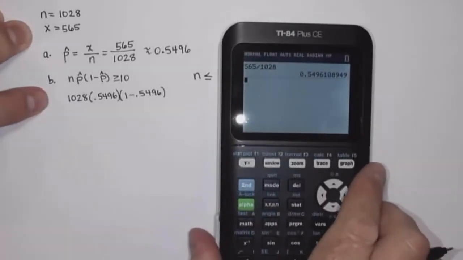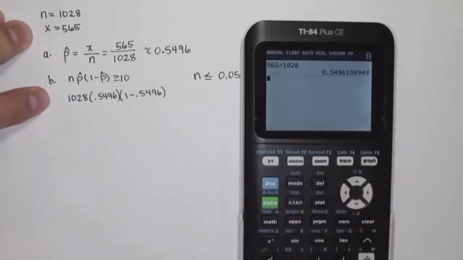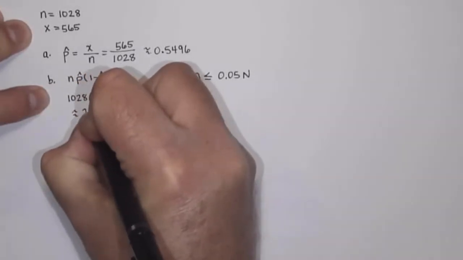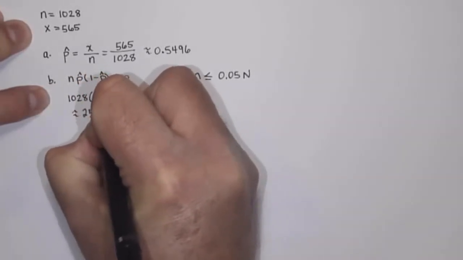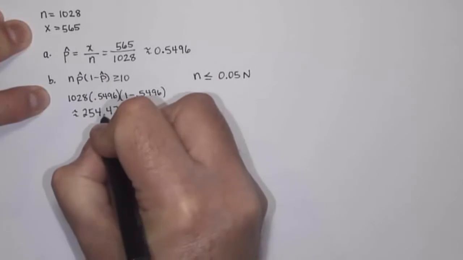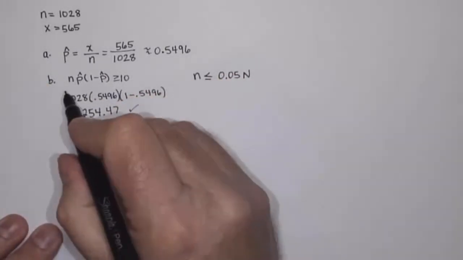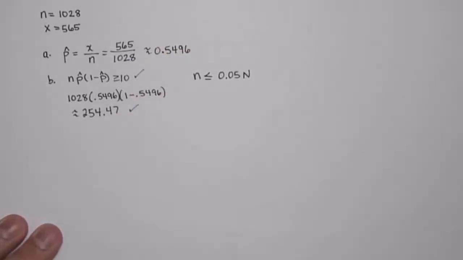So if I bring my calculator back in, 1,028 times 0.5496 times 1 minus 0.5496, that is 254.47 approximately. Now that's certainly way over 10, so we meet that first condition. n times p hat times 1 minus p hat is 10 or bigger.